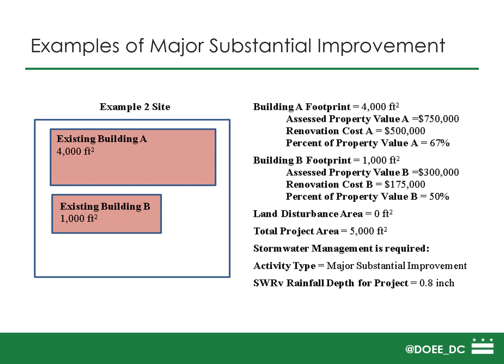And in this case, each of building A and building B has a substantial improvement activity proposed because of the cost exceeding that 50% threshold. And the overall project area with the two buildings together is 5,000 square feet. So we have a major substantial improvement. And the SWERV regulated rainfall depth for this project is again going to be 0.8 inches.